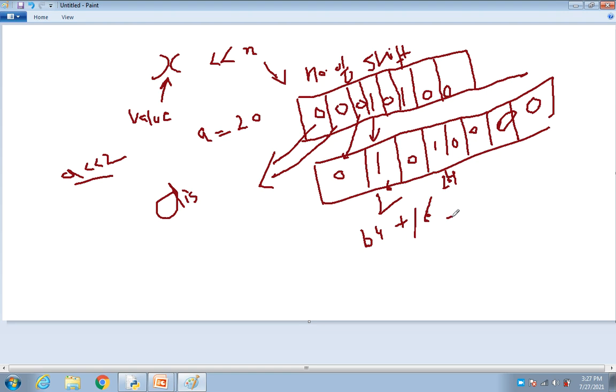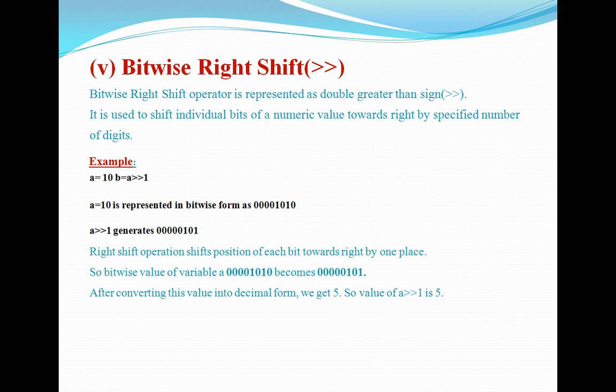So 64 plus 16 is equal to 80. The answer that we were getting was right.